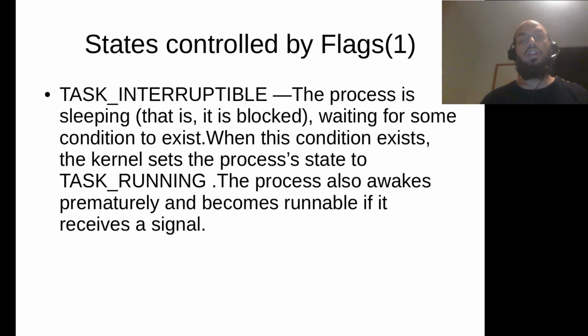So you can get moved to the task running state by either of two conditions. One is that you're waiting for some condition to exist, some event, like a network packet arriving. The other way is that the kernel wakes you up for some reason, and that reason is very dependent on your thread.